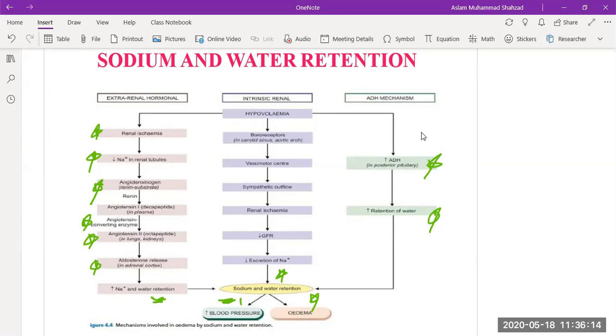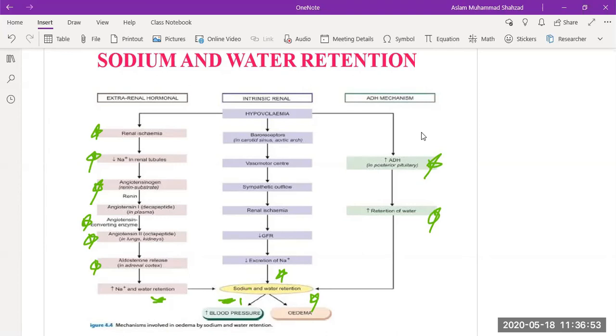If a patient does not have a problem with antidiuretic hormones, then an extrarenal hormonal effect could be possible. And why does this occur? Because of renal ischemia that results in decreased sodium excretion through the renal tubules, and as a result they activate angiotensinogen, and they contain two enzymes such as angiotensin 1 and angiotensin 2, and that results in the release of aldosterone, and as a result there will be more sodium and water retention.